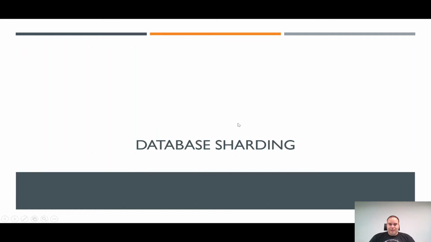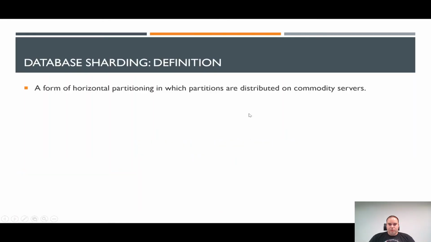The last section that we have is database sharding. From a definition point of view, database sharding is a form of horizontal partitioning, in which partitions are distributed on commodity servers. SQL Server doesn't provide sharding natively, so database sharding needs to be handled at application level.